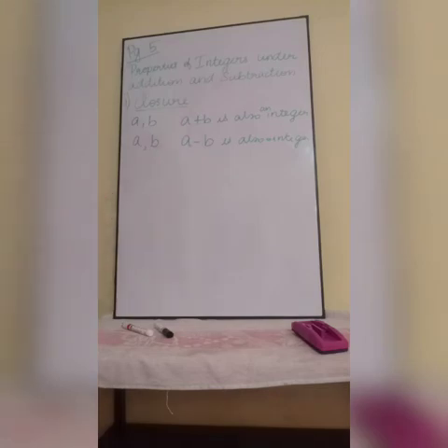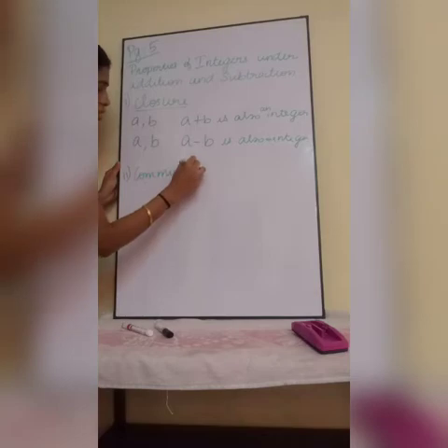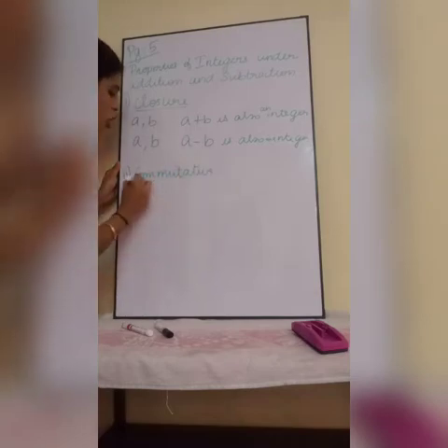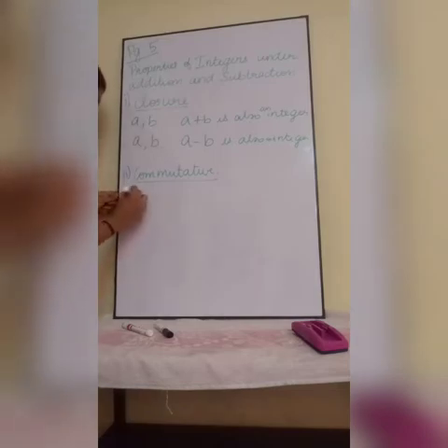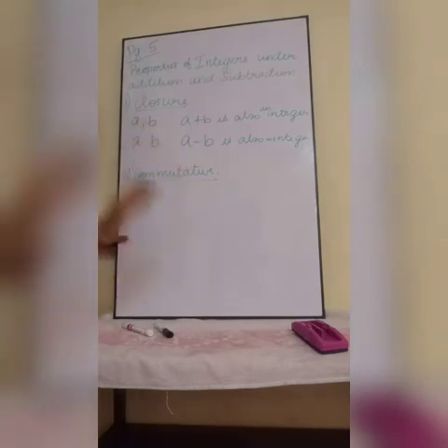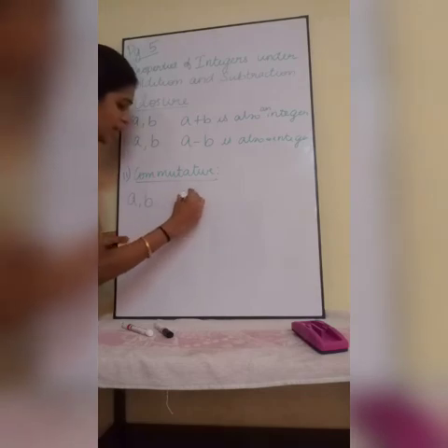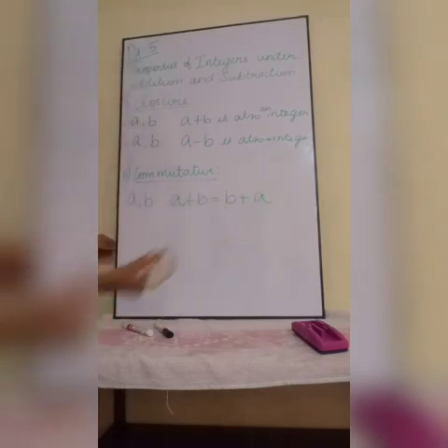Next, commutative property. For commutative also we are going to deal with 2 integers, a comma b. I am going to take 2 integers and form the commutative property under addition. So how will it be? a plus b equal to b plus a.